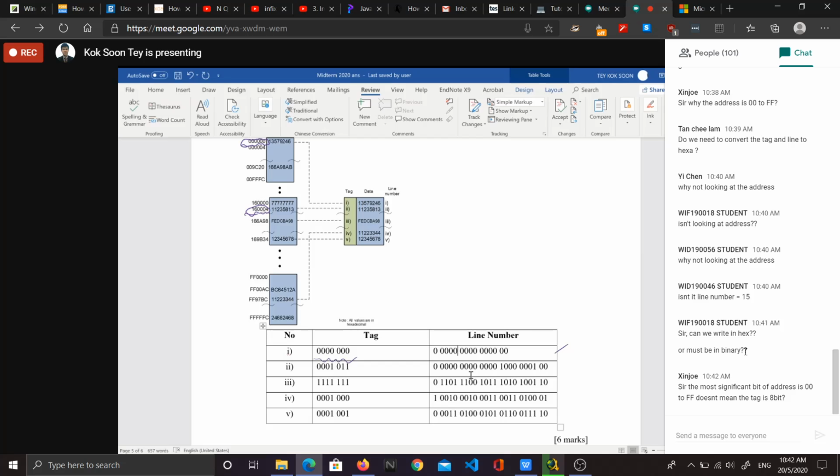Right, number one should be this one, reduced to 6 hexa numbers. Number two is 0004. 4 is 01. Right? 1, 2, correct?